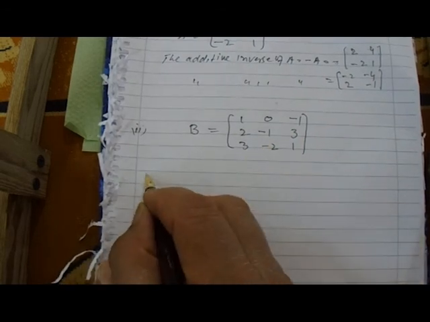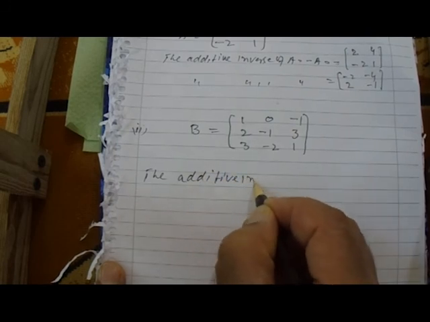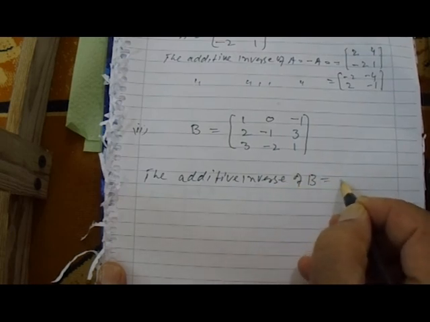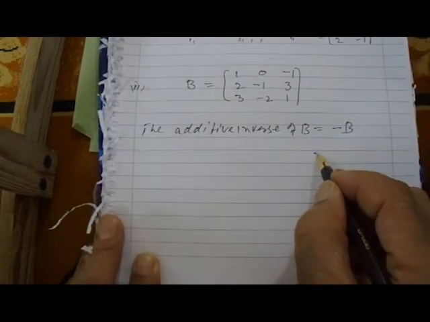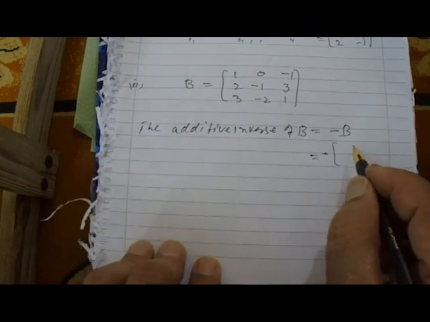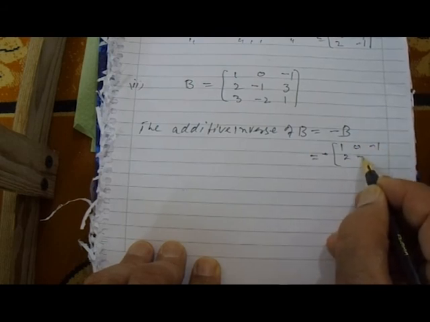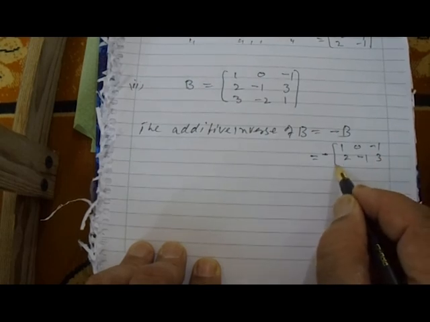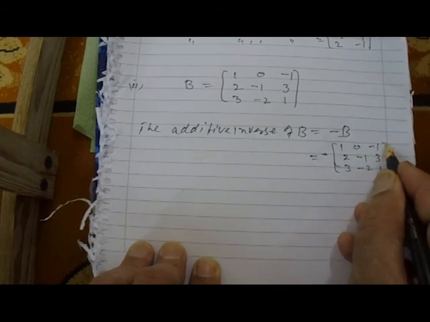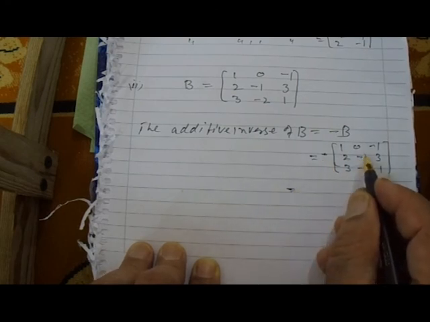So first you write the additive inverse of matrix B is equal to minus B. Now you put here this minus and the matrix: 1, 0, minus 1, and 2, minus 1, 3, and the last third row is 3, minus 2, 1, and we will multiply this minus sign with every element present in this matrix.